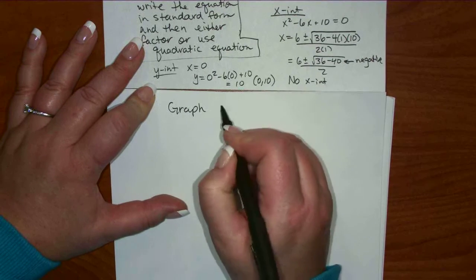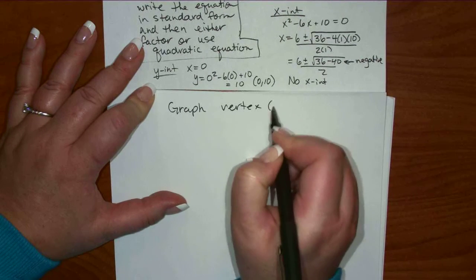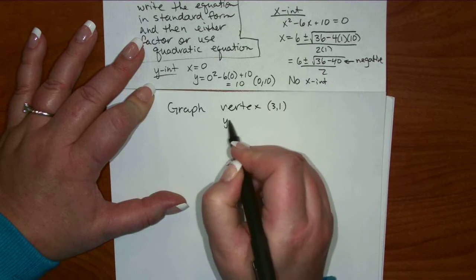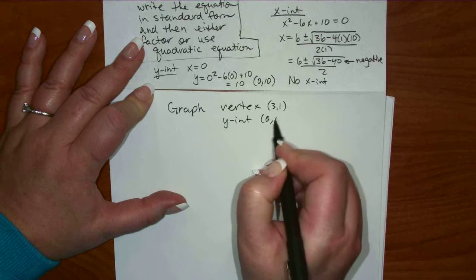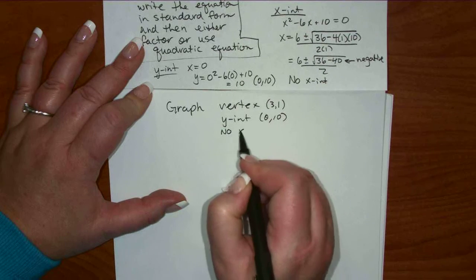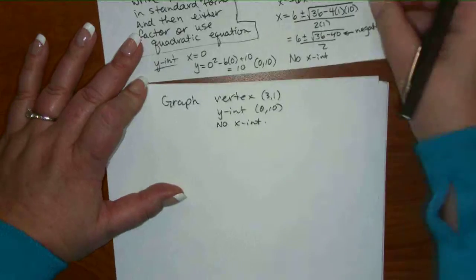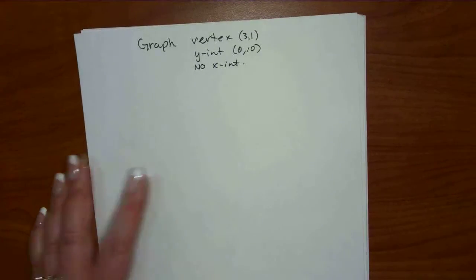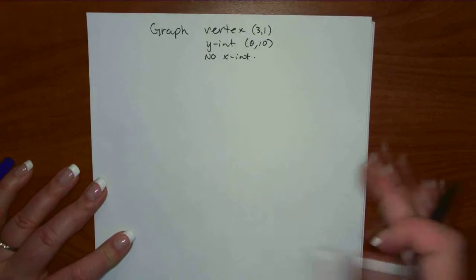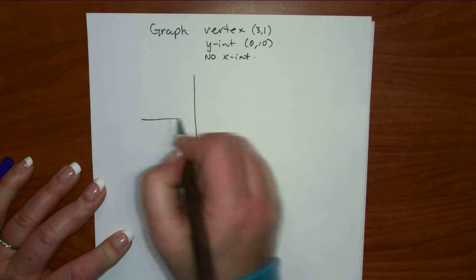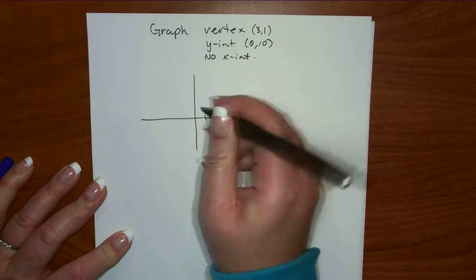So we have a vertex 3, 1, and a y-intercept 0, 10, and no x-intercepts. One, 2, 3, up 1.